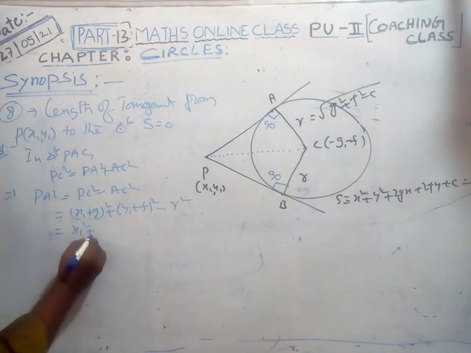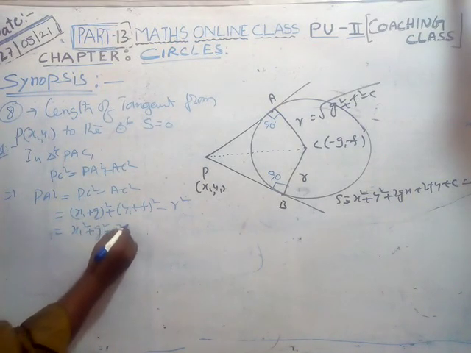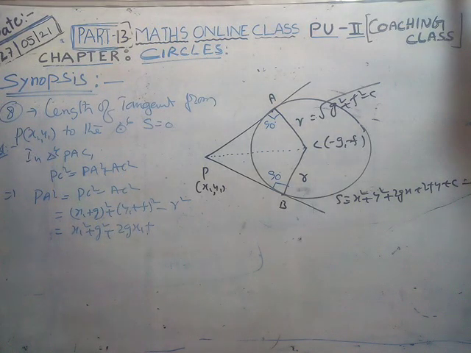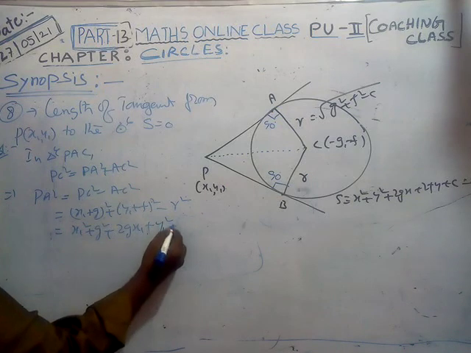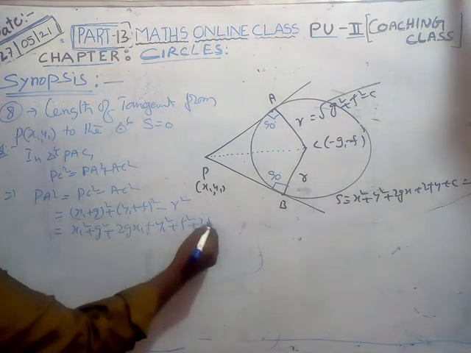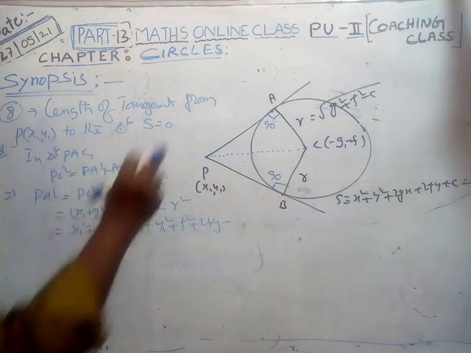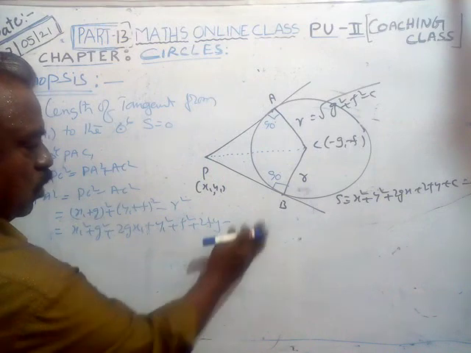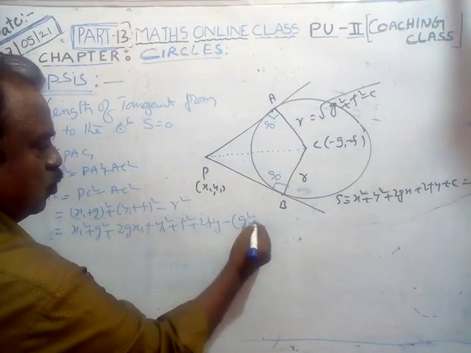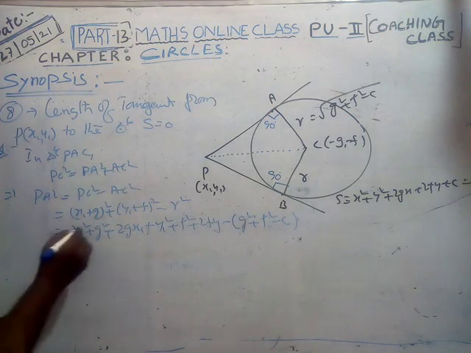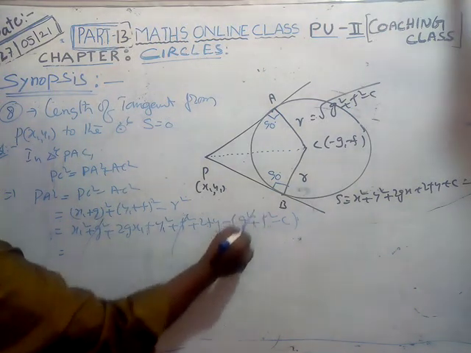It is x1 square plus g square plus 2g x1. Okay, no? And it is y1 square plus f square plus 2f y1, minus r square. R square is root square, so the root cancels. It is g square plus f square minus c. Okay, na? G square, f square cancel.